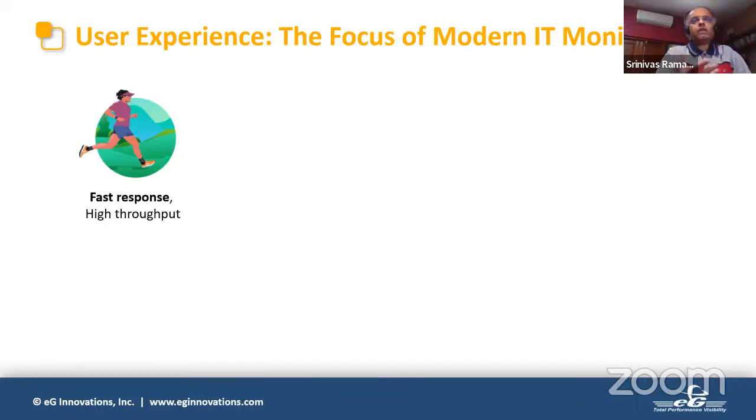Now, what do I mean by user experience monitoring? Of course, it is very important that you get fast response time and good throughput. That is the number one criteria for good user experience. However, user experience monitoring is not just about fast response time.